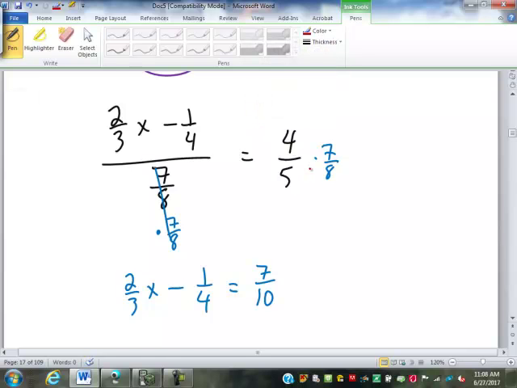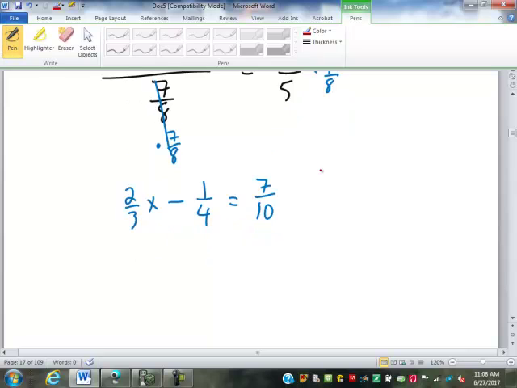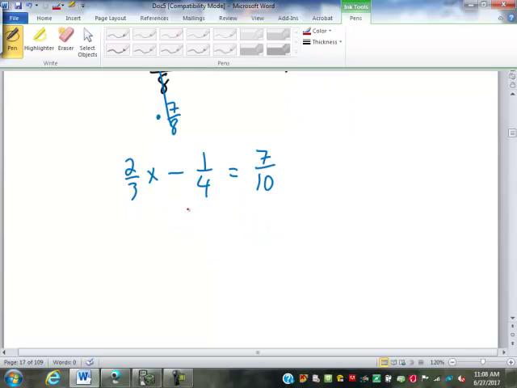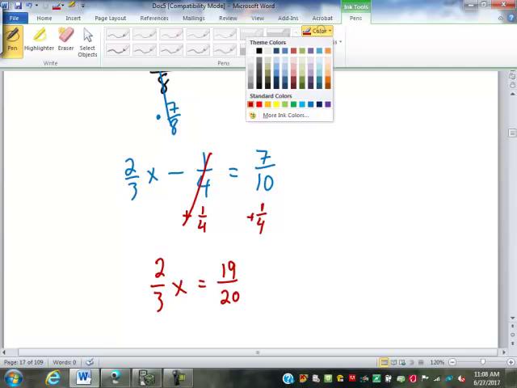Okay, what's next? Add the quarter. We add the 1/4. So we got 2/3 x equals 19/20. Beautiful, 19/20. Then what?